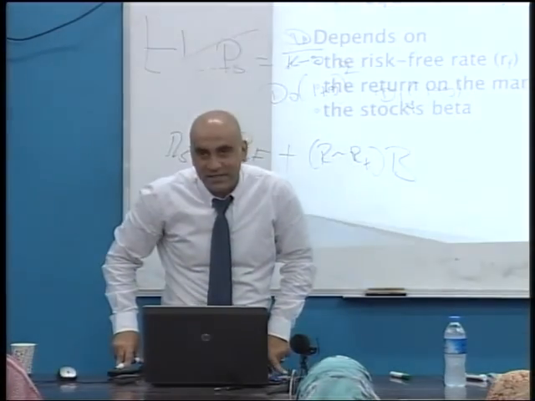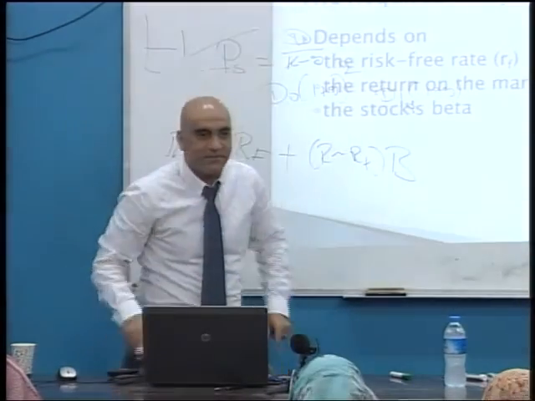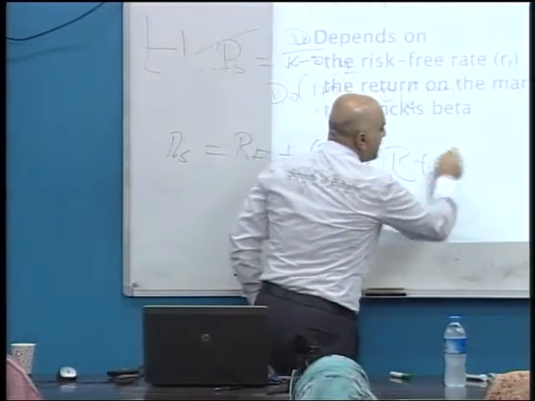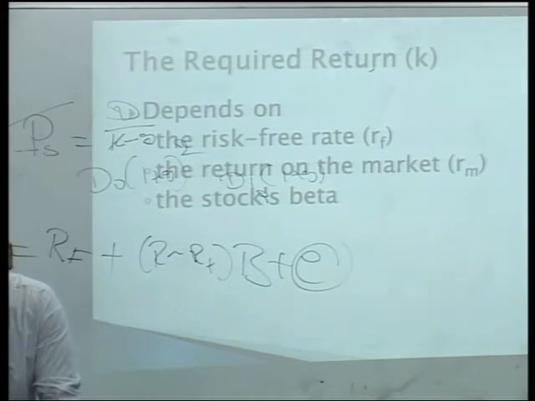If the market is not efficient, we should estimate Jensen's alpha. Jensen's alpha calculates the difference between the market return and the actual return.